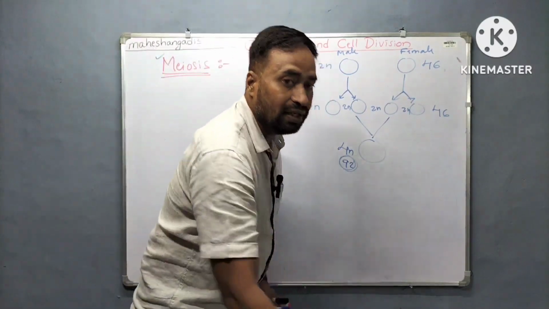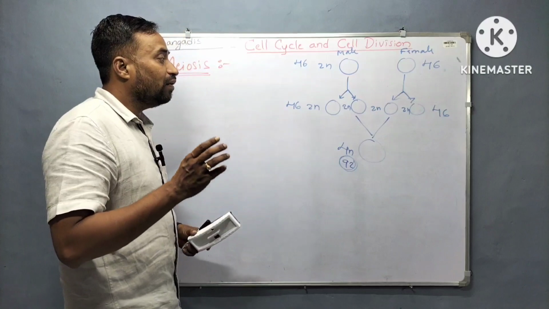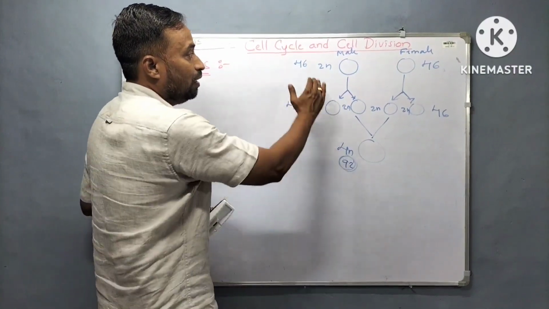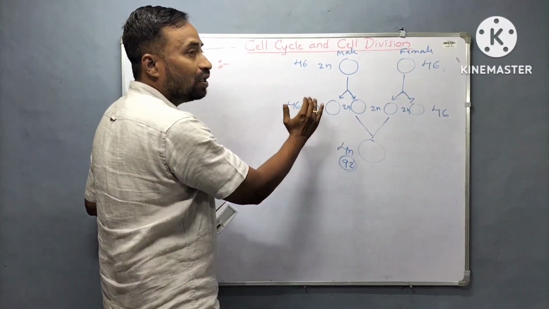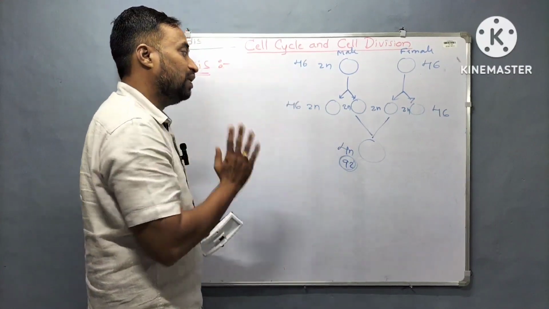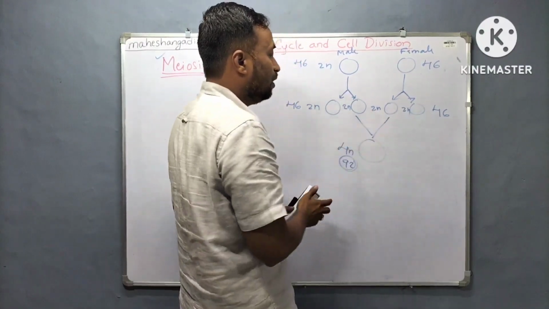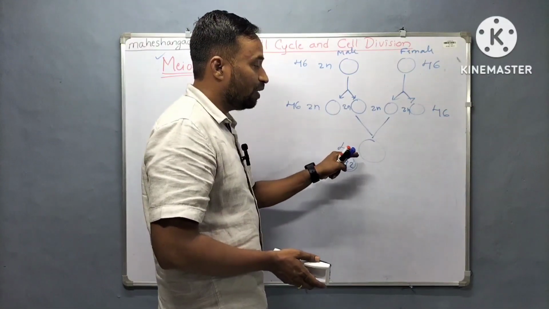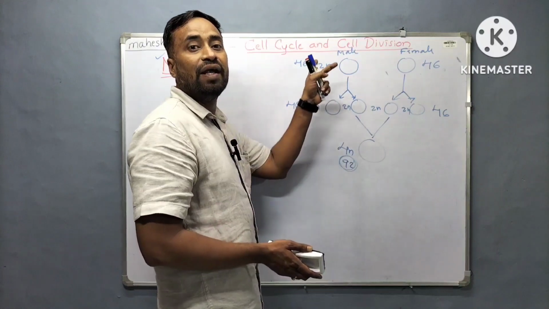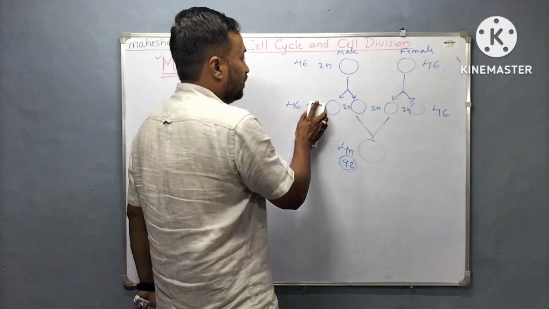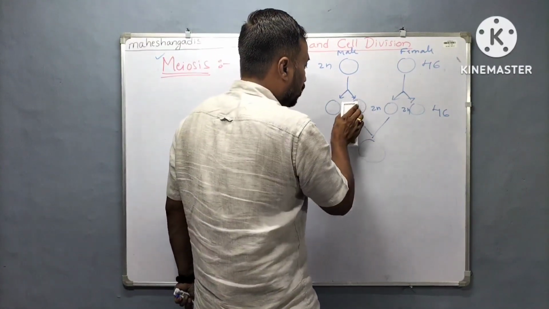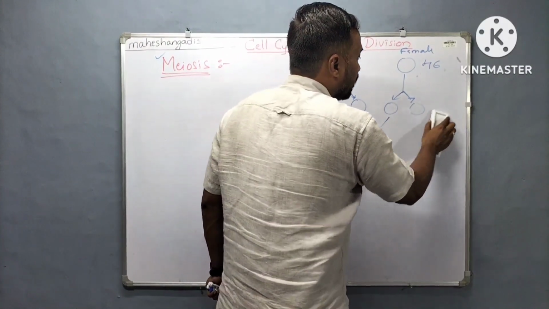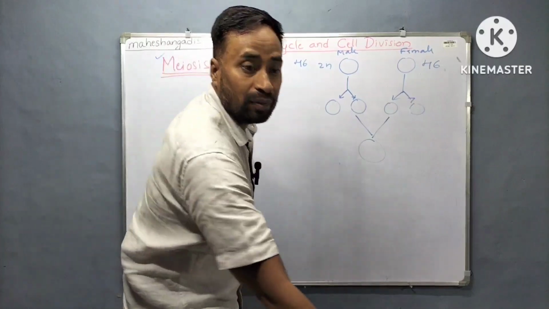So we need a special kind of cell division in which the chromosome number must come to half in the gametes. Only then, after the fusion, while forming the zygote, can the chromosome number be maintained the same as that of the parents. That is why, because of mitosis, production of gametes is not at all possible.